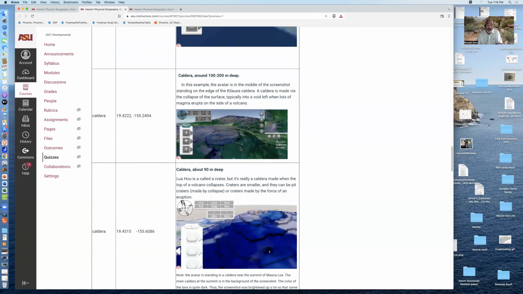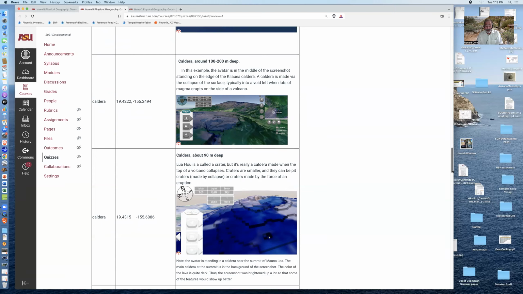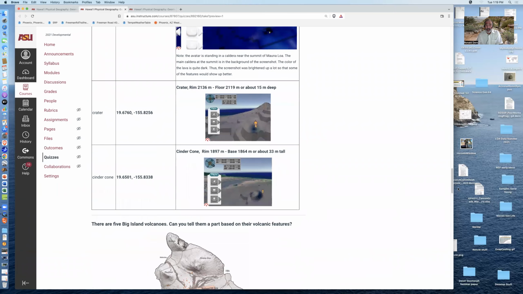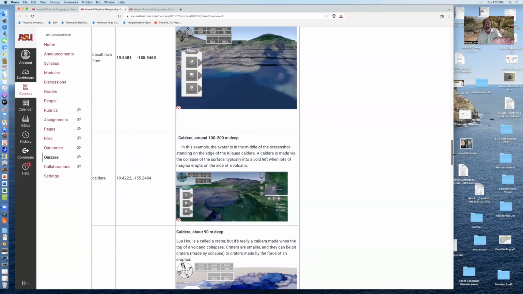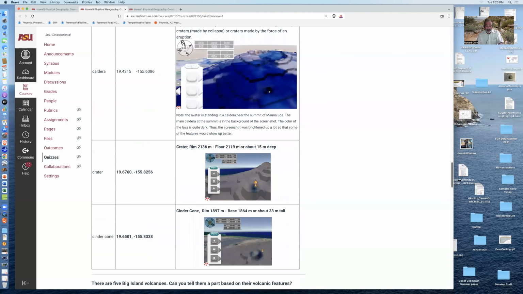Or a caldera like Kilauea, where you can measure in the game that it's about 100 to 200 feet deep. In this case, a caldera that's 90 feet deep. And in this example, a cinder cone that's about 33 meters tall, or a crater that's about 15 meters deep. So you'll have a matching question of identifying which of these very different features you're visiting.